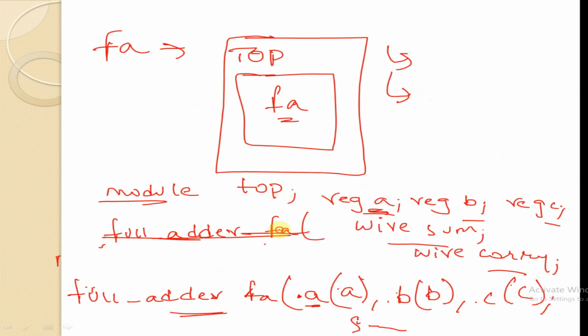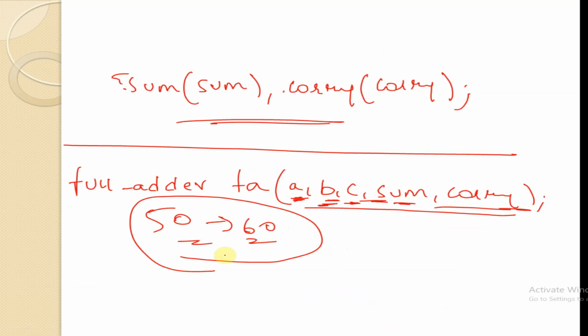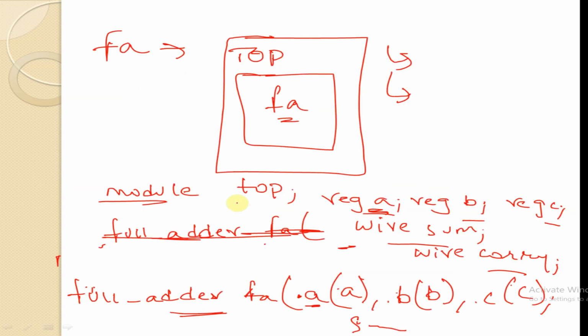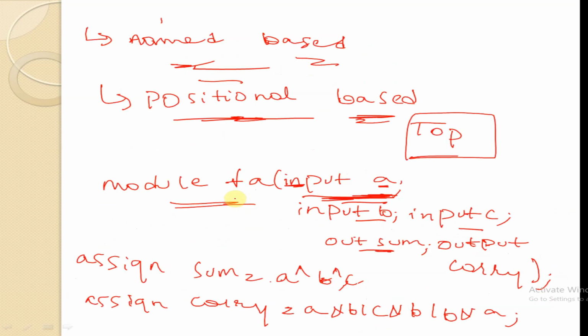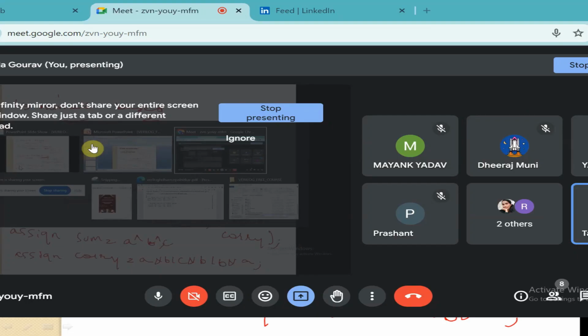That's why we generally prefer name based instantiation if we have a larger number of signals. If we have only a small number of ports, then we will use positional based instantiation. So these are the two types of instantiations in Verilog. We will see the coding and how this instantiation is made. So is this clear for everyone? Is there any doubt?